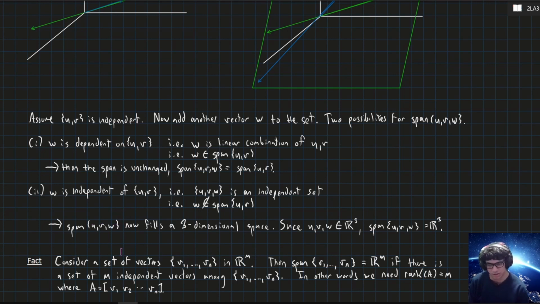So, okay, so here's the sort of lesson from what we set up here. Okay, so if we consider a set of vectors v1 through vn in Rm, then the span is all of Rm if there is a set of m independent vectors among the set of vectors v1 through vn.